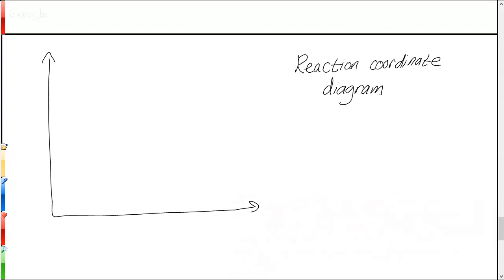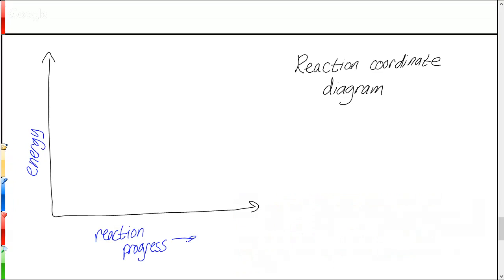In this case, we're plotting reaction progress versus energy. So we're saying the reaction starts on the left and goes to the right. So what happens as you move these things, as you mix these things together? What happens to the energy of the system?